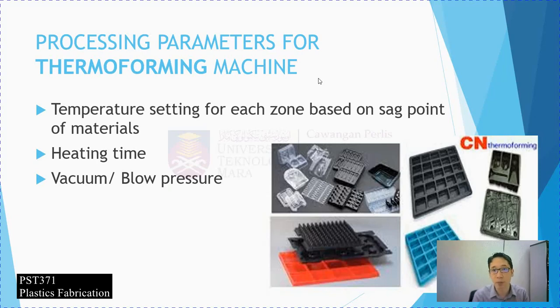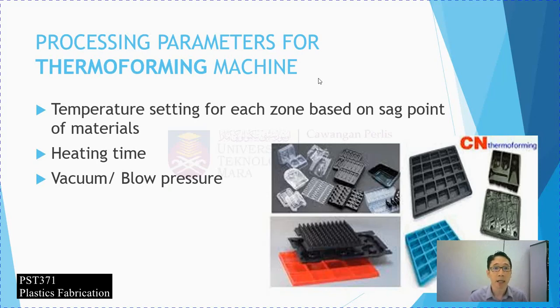So your raw material should be in plastic sheets, and a piece of plastic sheet will be heated up until it's softened, not until melted, until it's softened, or we call it reaching the rubbery state. Okay, as it's heated up and softened, you will use your cavity to take a shape to produce the shape of your final product.